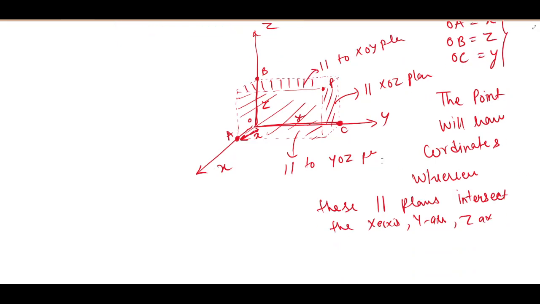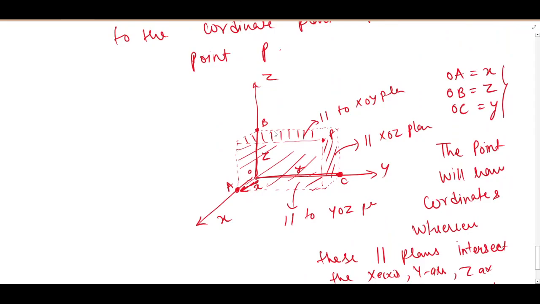So from above we have the point P as x comma y comma z, because OA is equal to x, OB equal to z, and OC equal to y. So these are the two methods to plot a point in any three-dimensional space.